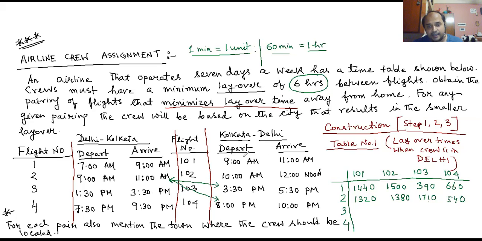So 4:30, 5:30, 6:30, 7:30, 8:30, 9:30, 10:30, 12:30, 1:30, 2:30, 3:30, 4:30, 5:30, 6:30, 7:30, 8:30 means 16.5. Multiply 16.5 by 60. How much are you getting? 990.